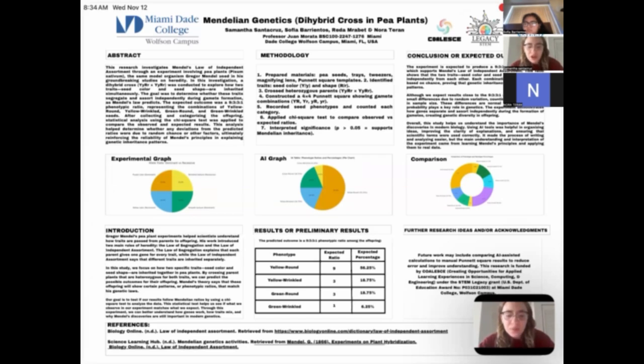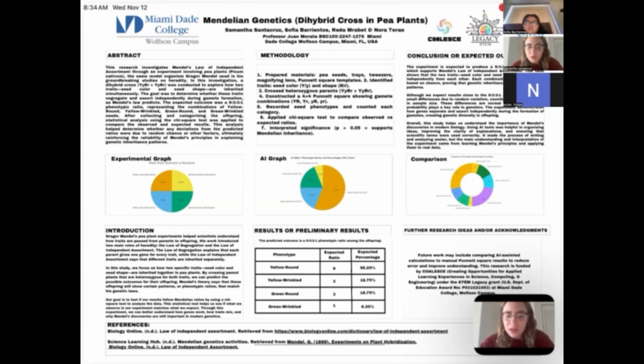Each combination of alleles occurs based on chance, proving that genetic inheritance follows predictable patterns. Although we expect results close to the 9:3:3:1 ratio, there might be small differences due to random variations, counting mistakes, or limitations in sample size. These differences are normal and remind us that probability plays a key role in genetics.